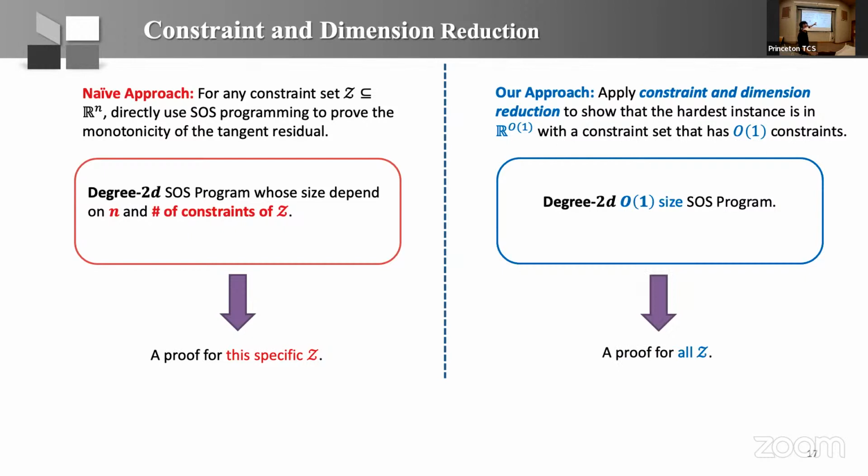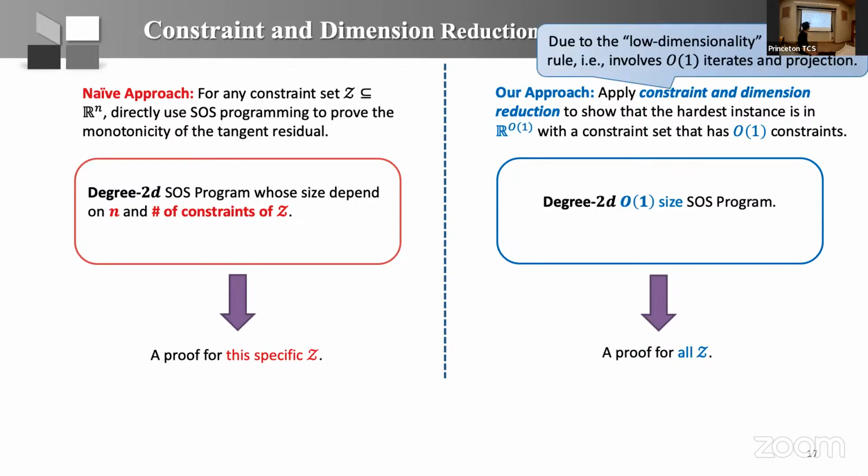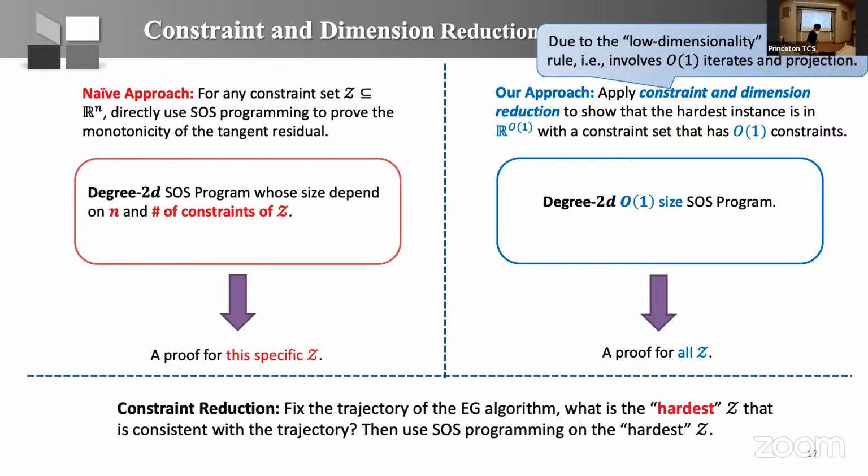And that will give you a proof for all feasible sets, just because I solved it for the hardest. The fundamental reason that I can do such a reduction is because the algorithms that I'm looking at, the extragradient method or optimistic gradient method, are very simple and low dimensional, in the sense that in every iterate I'm just doing a constant number of projections and other operations.